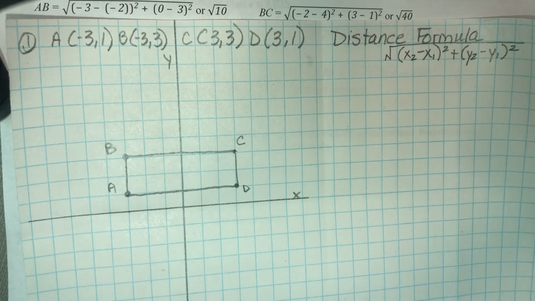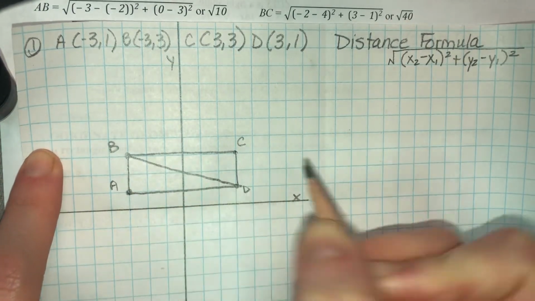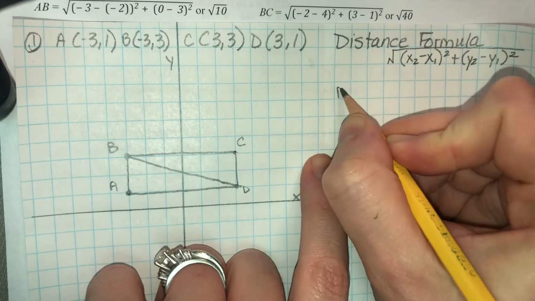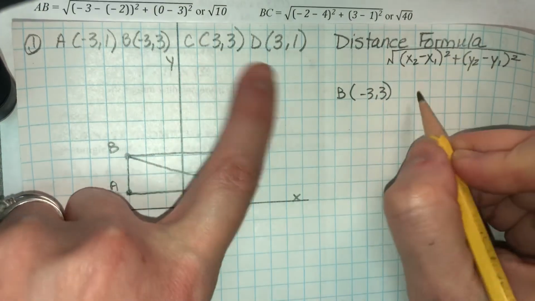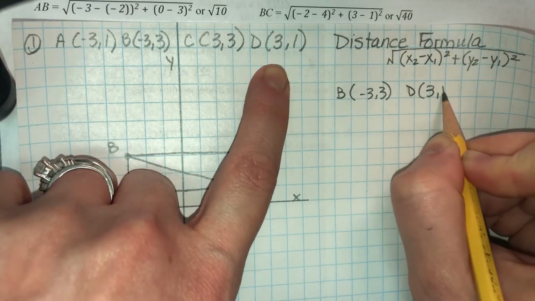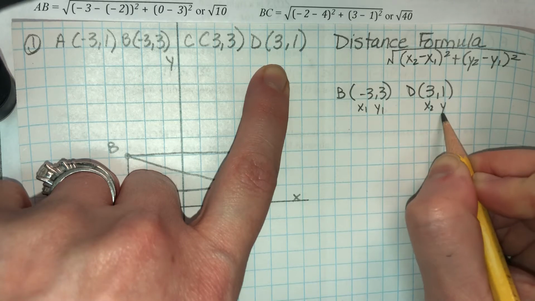So let's start with the diagonal from B to D, okay? Point B is at -3, 3, and D is at 3, 1. So we'll call it x1, y1, x2, y2.